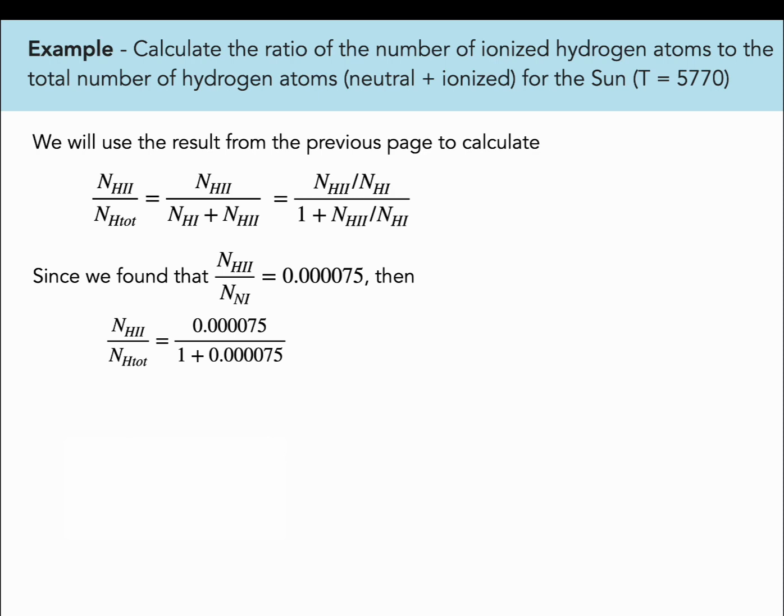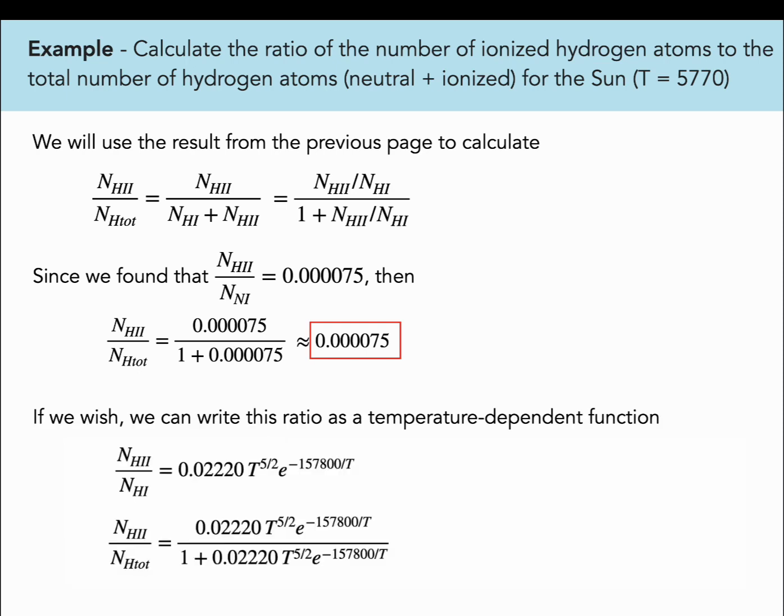So the answer is 0.000075 over 1.000075, which is about 0.000075. So we get the same answer as just NH2 over NH1, and that's just because that ratio of ionized to neutrals is so much smaller than 1.